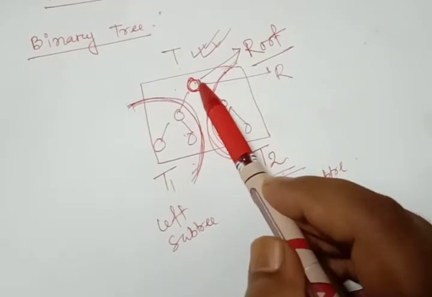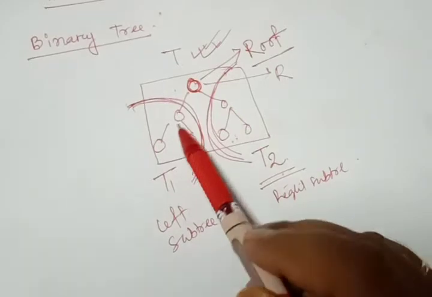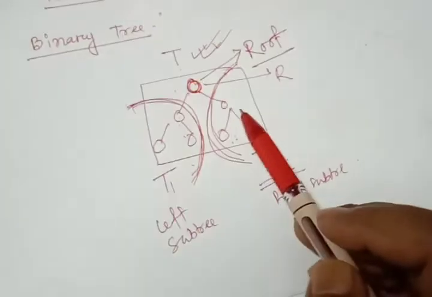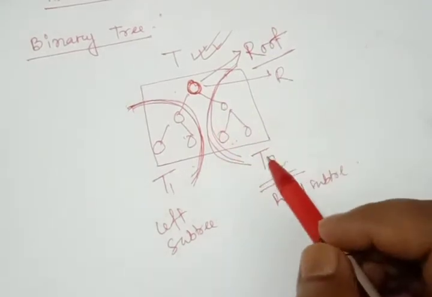This root node R has 2 successors, this node and this node. This node also has 2 successors, like this. So any node in a binary tree has either 0, 1 or 2 successors.